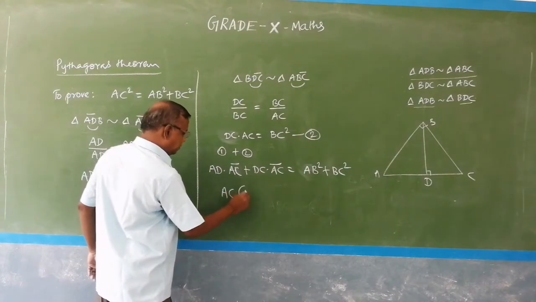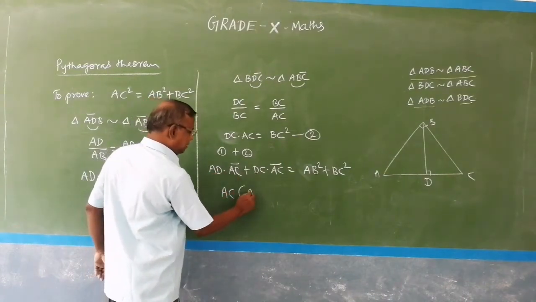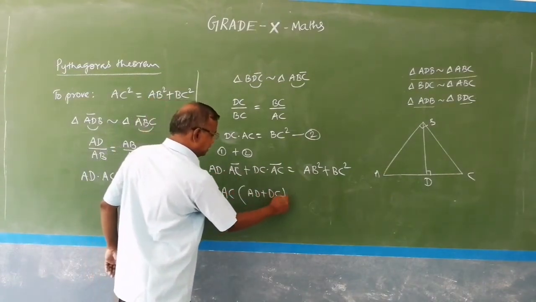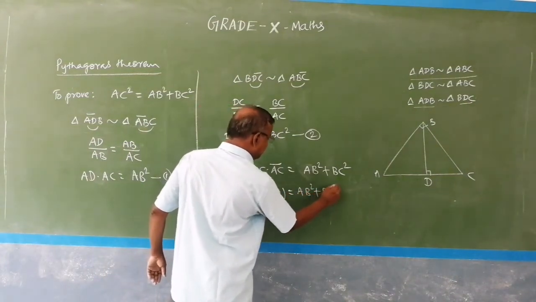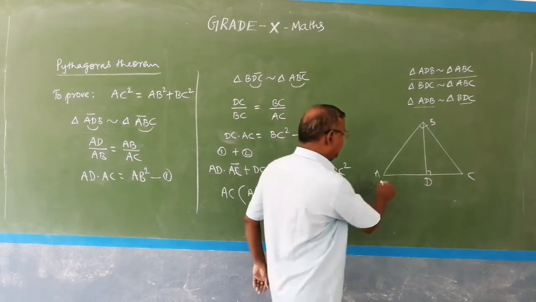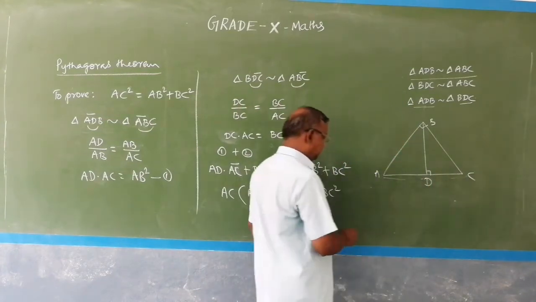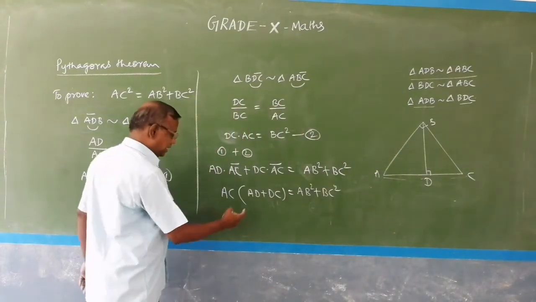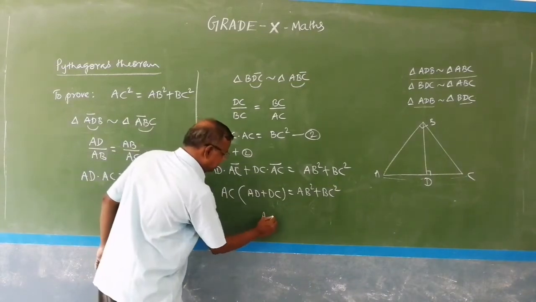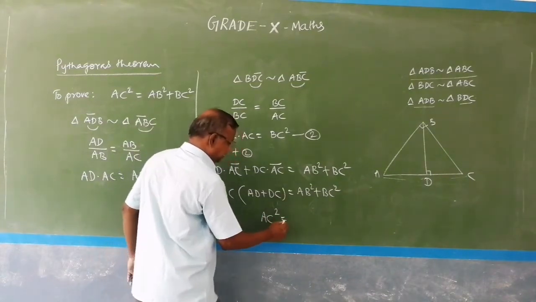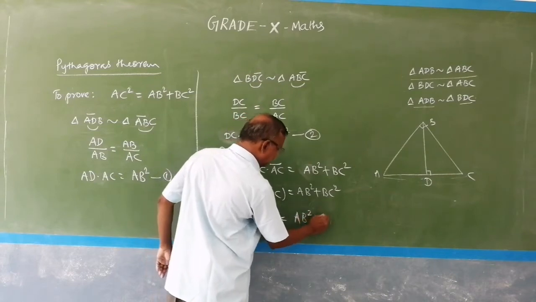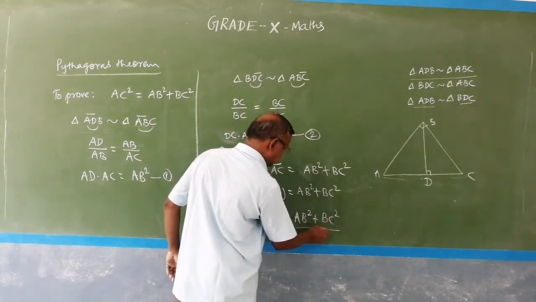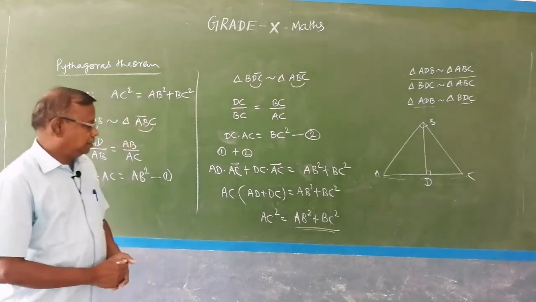Taking AC as common, it is AC into AD plus DC equals AB square plus BC square. AD plus DC equals AC, so we get AC square. Therefore, AC square equals AB square plus BC square. So, this is the proof, hence proved.